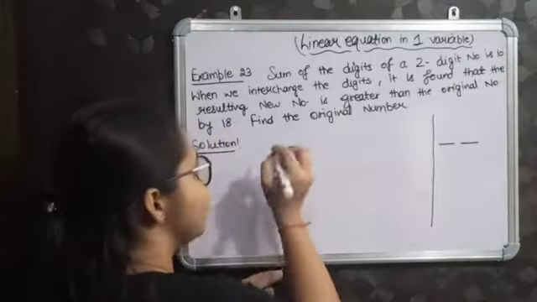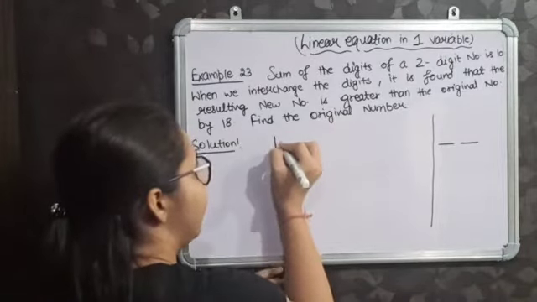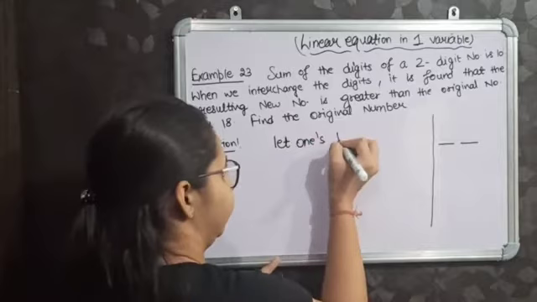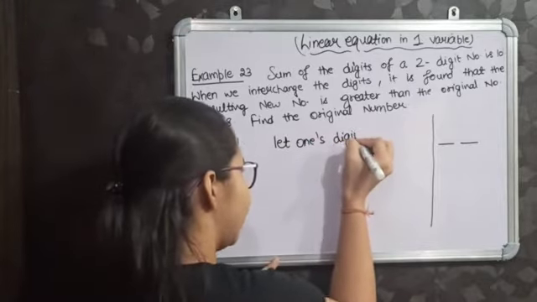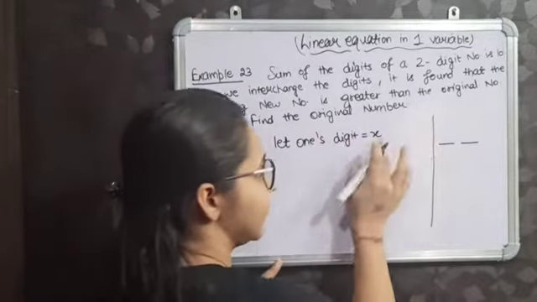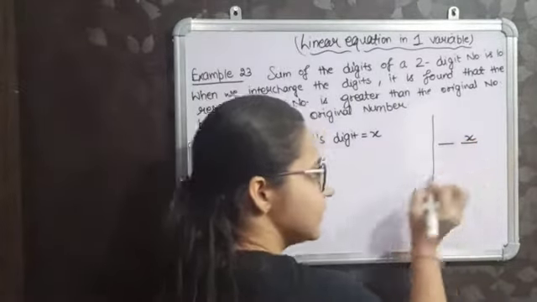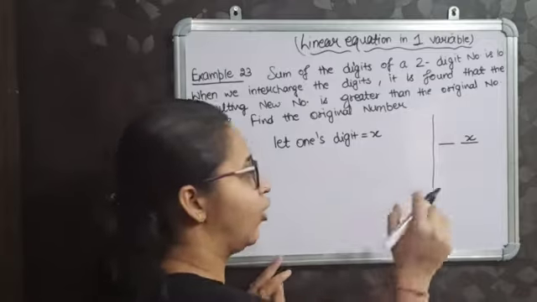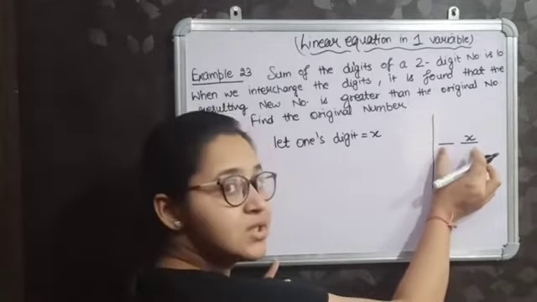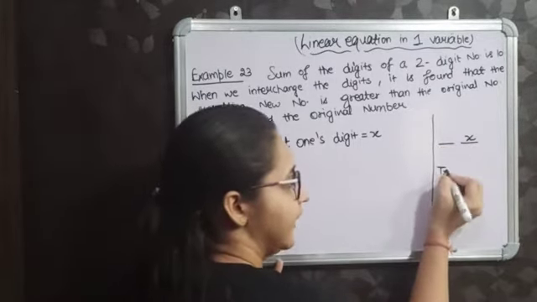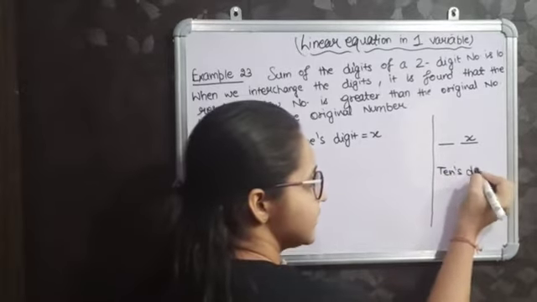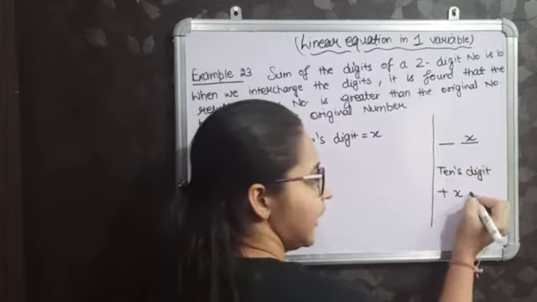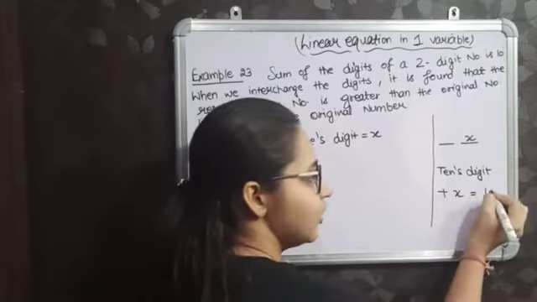So first of all, let the ones digit be x. I am taking my ones digit as x. Now what will be your tens digit? You know that the sum of these two digits is equal to 10. Tens digit plus ones digit, and the ones digit is x, and the sum is equal to 10.